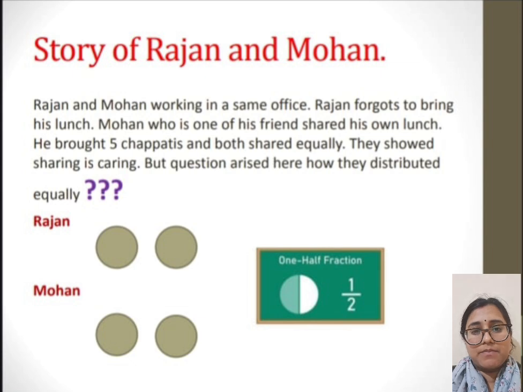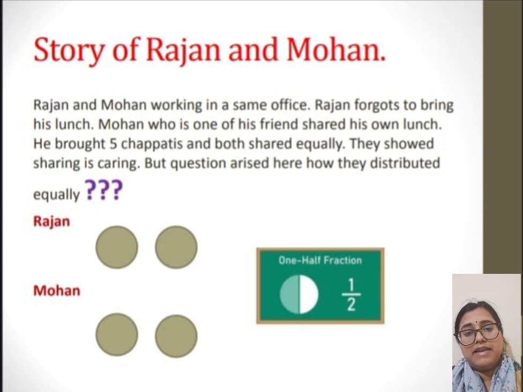Okay, now I am telling the story of Rajan and Mohan, who are two friends and very fast friends. One of the friends forgot to bring lunch. So they shared one lunch, and there are 5 chapatis. The question arises here, how did they distribute them? 2 chapatis were taken by Rajan and 2 chapatis by Mohan.